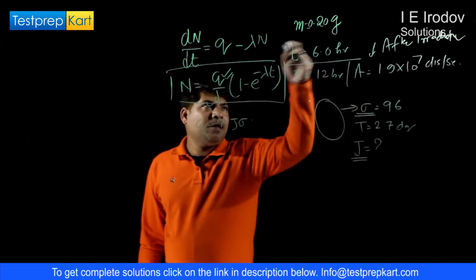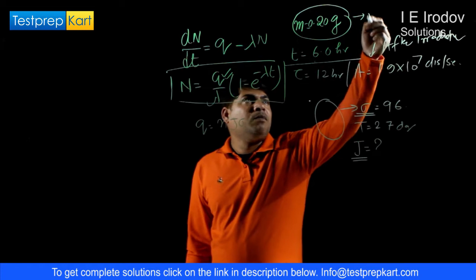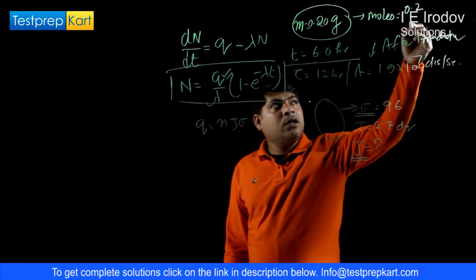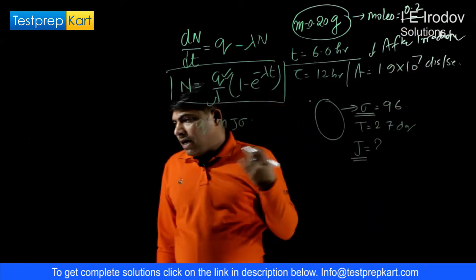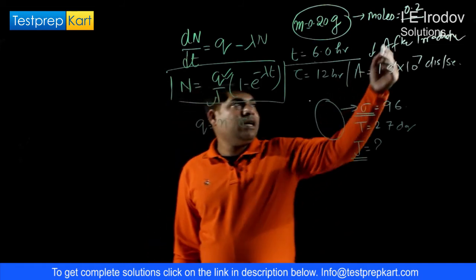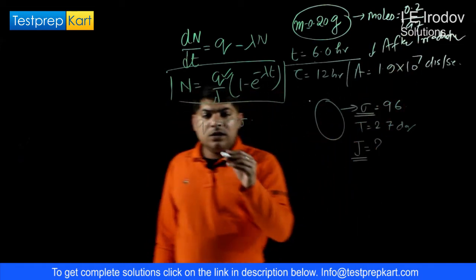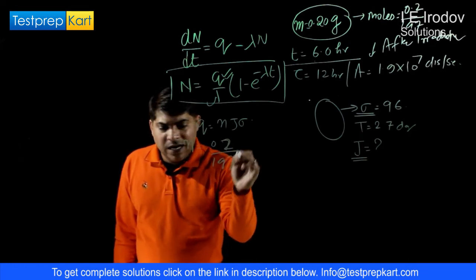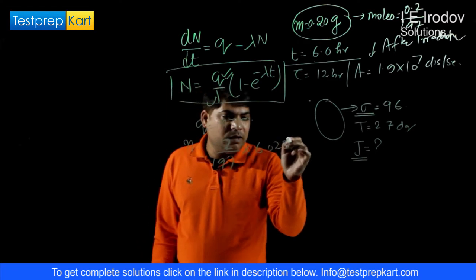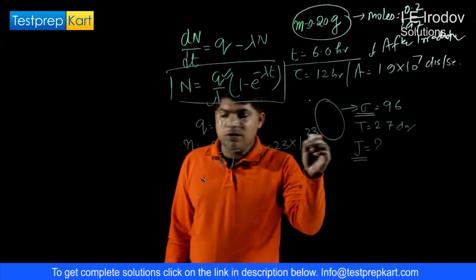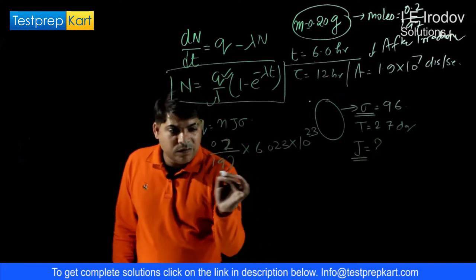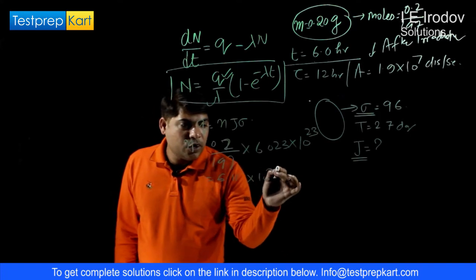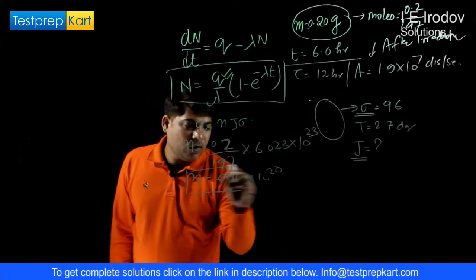First we calculate the number of moles: mass 0.2 divided by the mass number of gold, 197. So n equals 0.2 over 197 times Avogadro number 6.023 × 10^23, which equals 6.11 × 10^20. This is the number of host nuclei.